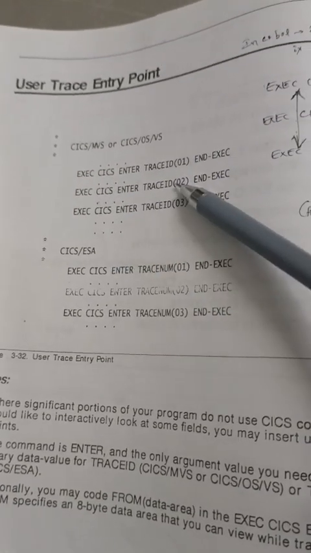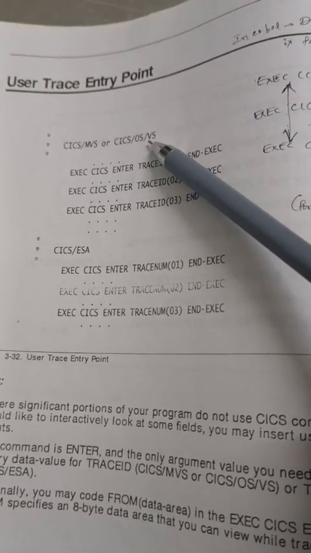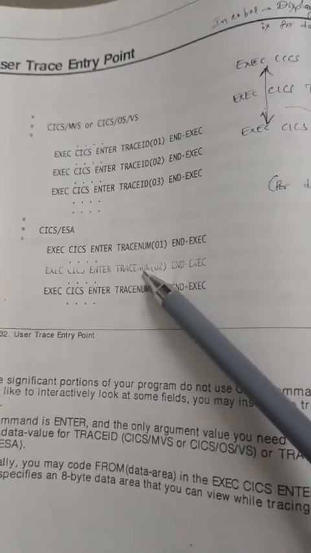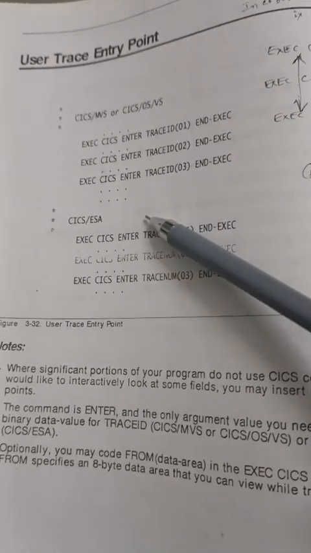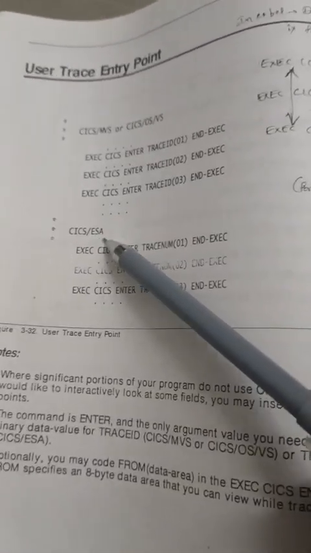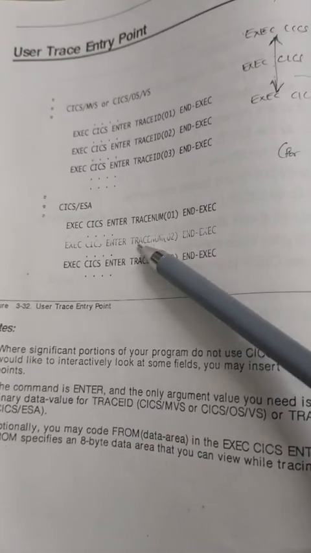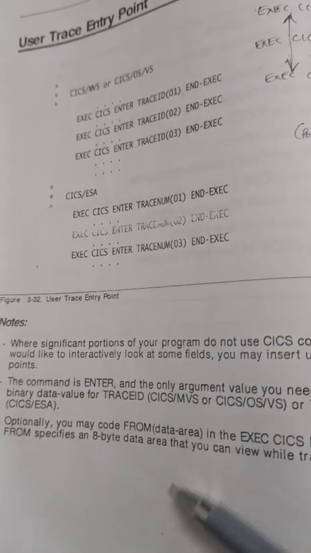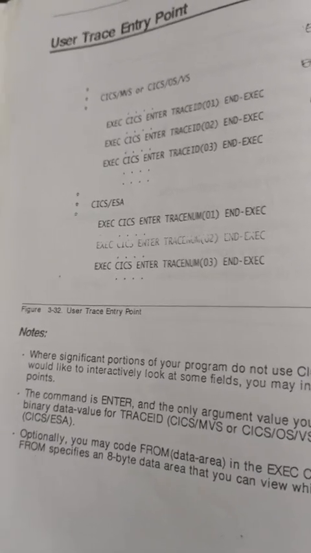This is the old version of the CICS command, but this is the latest version, with trace number 01 by version number. Most have been upgraded already to CICS ESA. The trace number works similarly to the DISPLAY statement in our COBOL program. This is the command syntax to trace the debugging values.